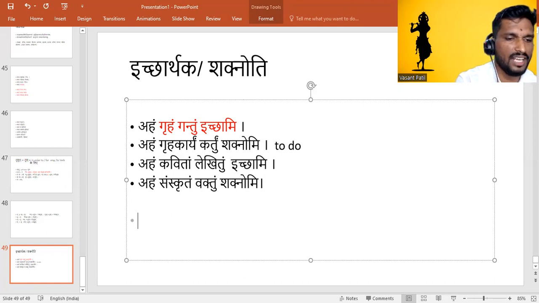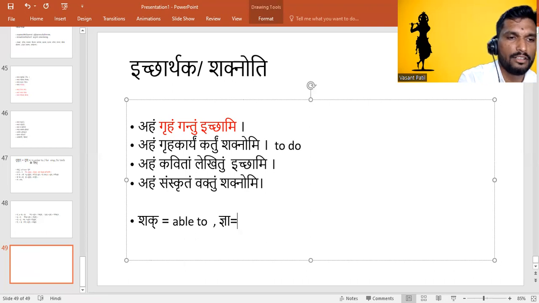Okay, these two concepts I will explain. So they have given shak as the dhatu, meaning able to do, or can. In that, the tumunta pratyaya is mostly used. Dnya dhatu: it will become dnyatum, in order to know.